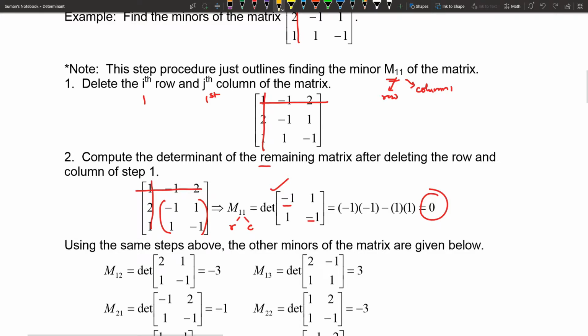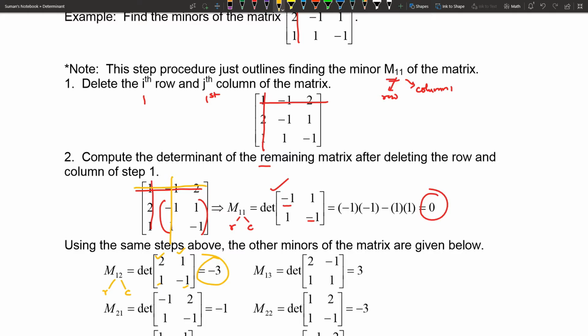Let us check the second minor. Here for M12, the first row and second column, so we are deleting the first row and second column. The remaining matrix is 2, 1, 1, minus 1. After finding the determinant, we have 2 into minus 1 minus 1 into 1, that is minus 3.